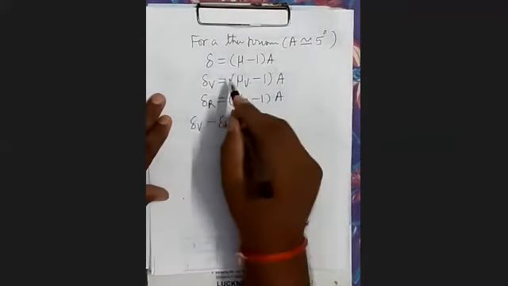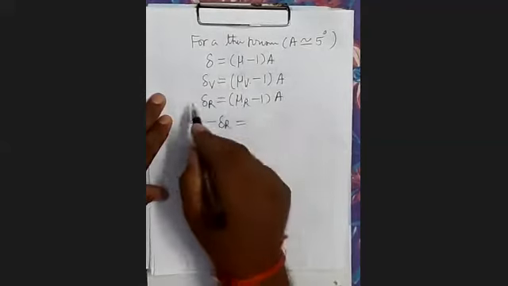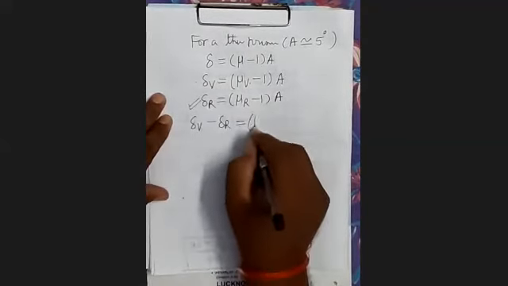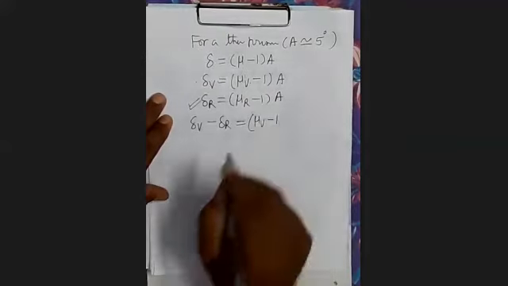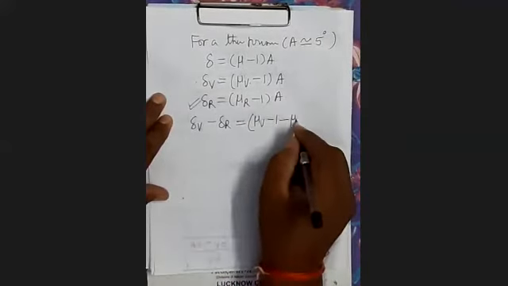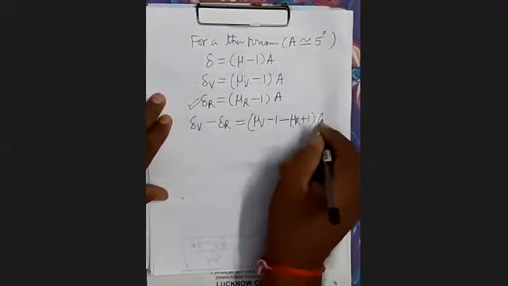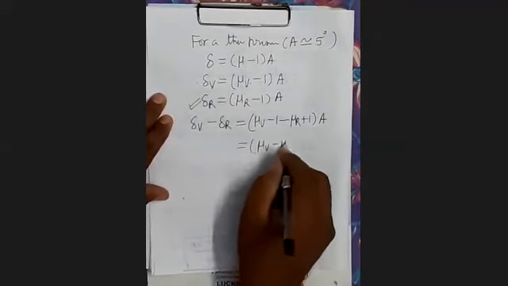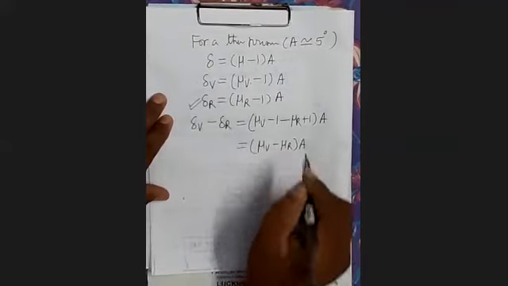When you subtract, you take out mu V minus 1, subtracting mu R plus 1 into A. So it will be mu V minus mu R into A.